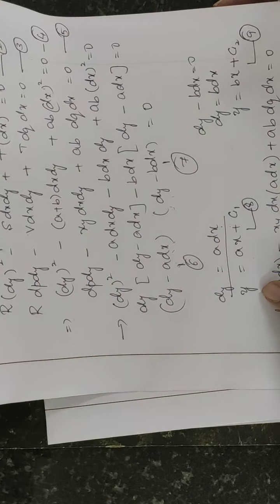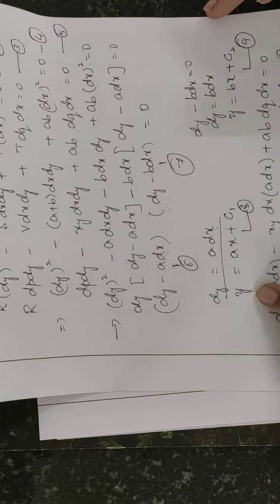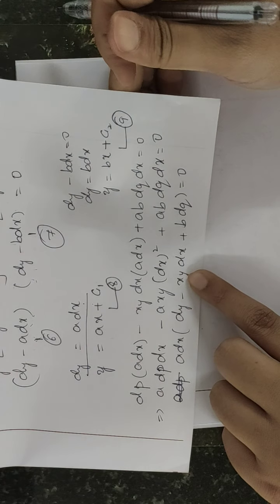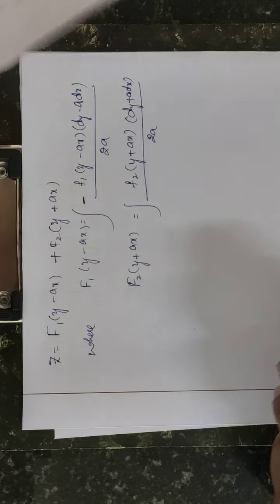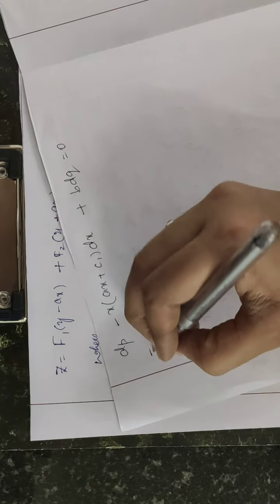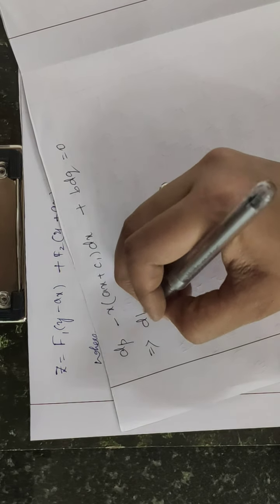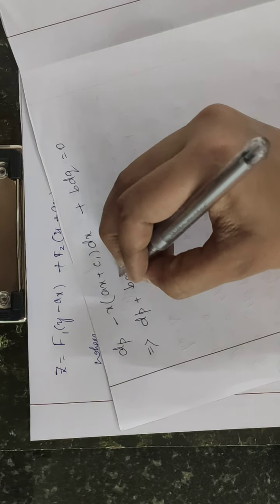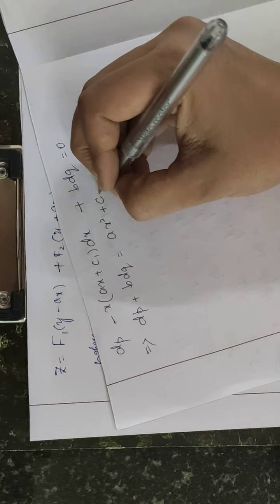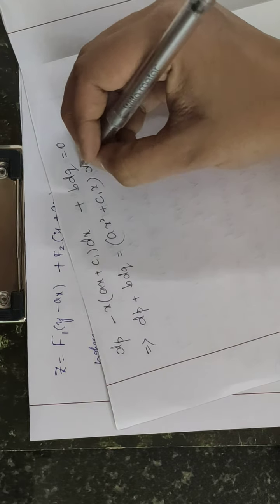This is using your equation number 8. So we have y is equal to ax plus c1, right? So I can substitute y as ax plus c1. I have just substituted that value here. So now this equation can be rewritten as dp plus b dq is equal to (ax square plus c1 x) dx.